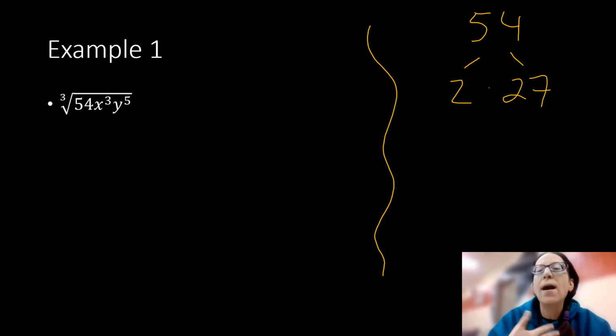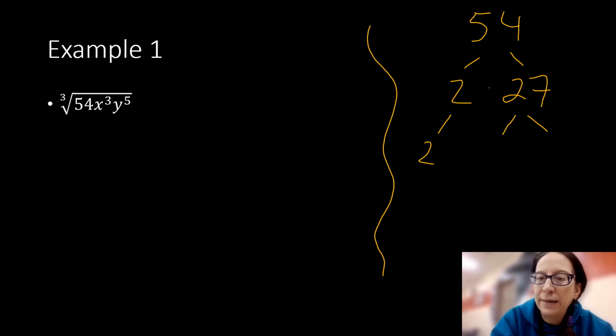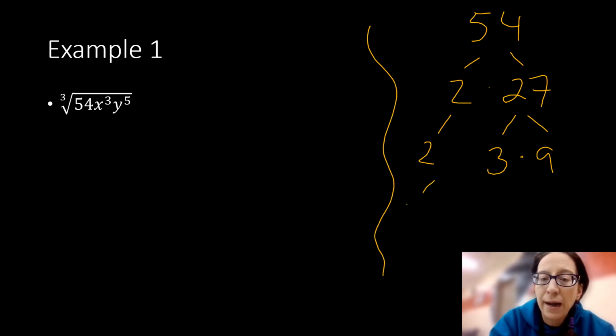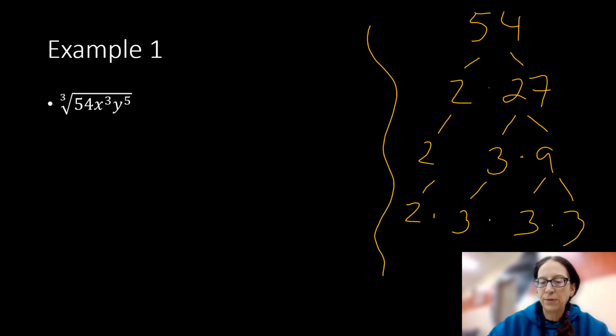Now from here, you might need to do a little bit of work, but you might recognize that 27 is 3 times 9. And so the 27 breaks into 3 times 9, and the 9 can break down even further into 3 times 3. So once I get it right here, 2 times 3 times 3 times 3.